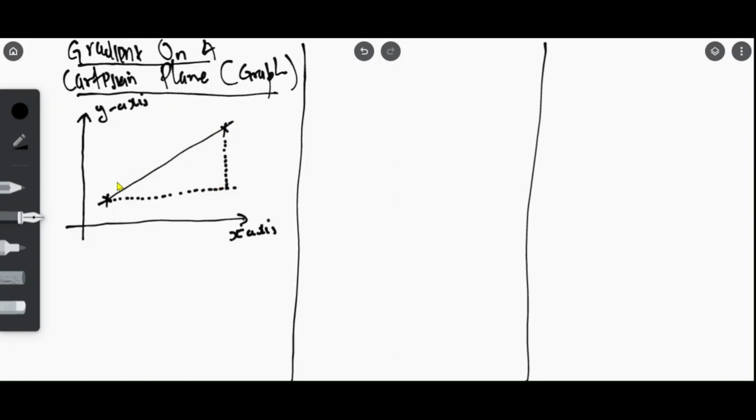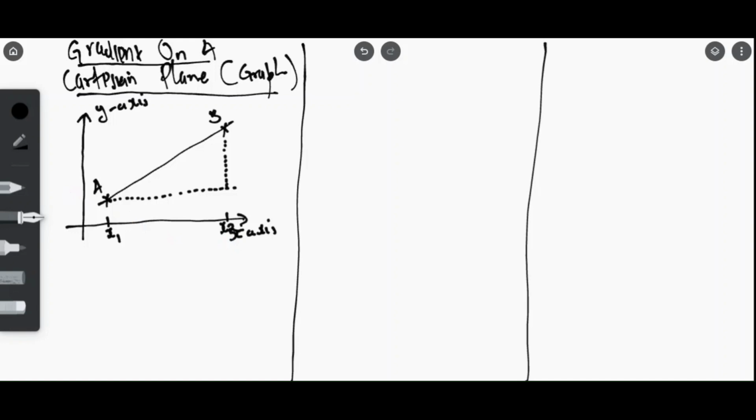Now, if I take a coordinate here, maybe I'm having A here and I have B. Let me say the value of x here is maybe x, and the value of x here is also x. But now to differentiate, let me call this one x1 and this one x2.